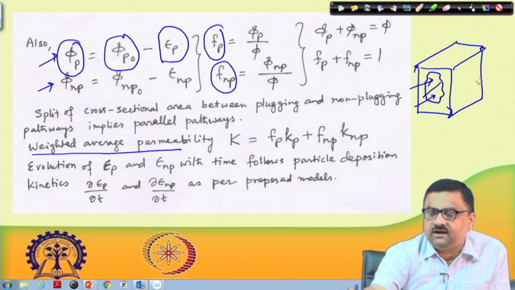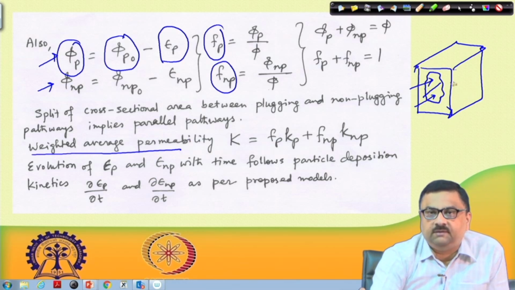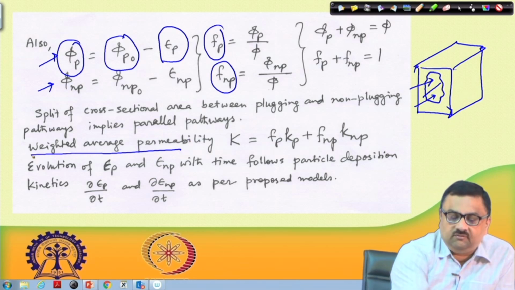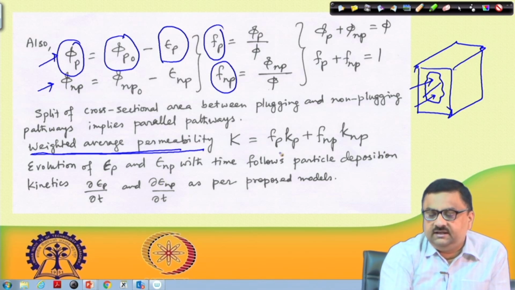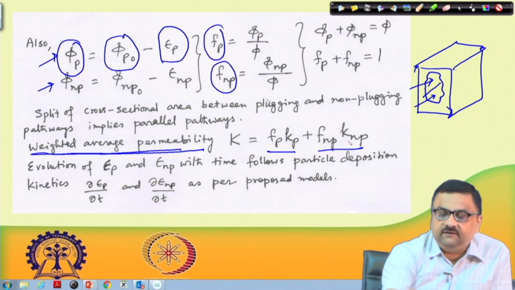If somebody wants to find the net permeability of the system, one has to consider the weighted average permeability, which is Fp times Kp plus Fnp times Knp. Fp and Fnp are these two fractions.